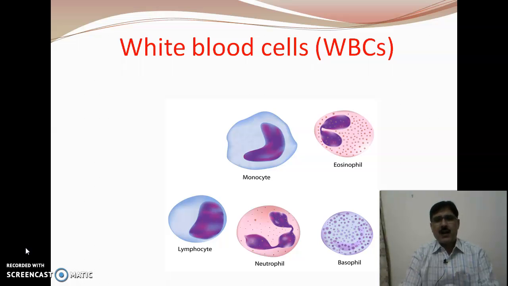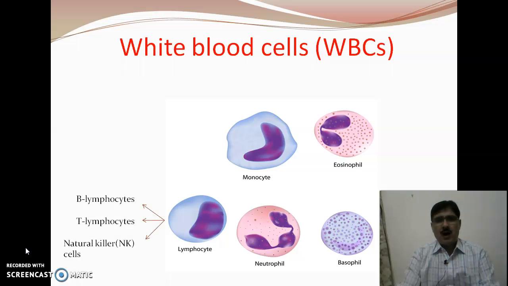Now here in this slide, various types of WBC, which are popularly known as white blood cells or white blood corpuscles, are shown. Out of these white blood corpuscles, we have already discussed B lymphocytes, T lymphocytes, and natural killer cells in my previous lecture.